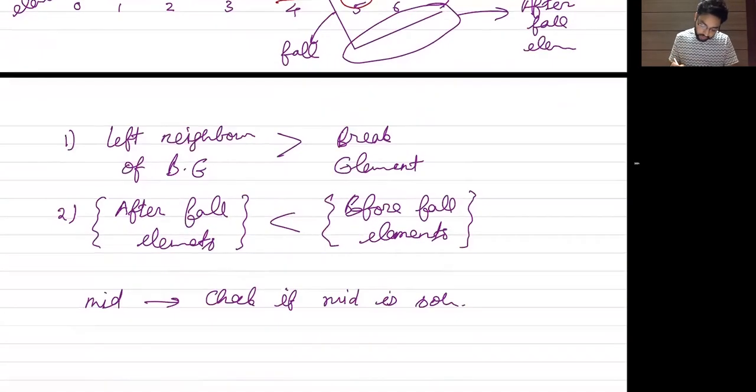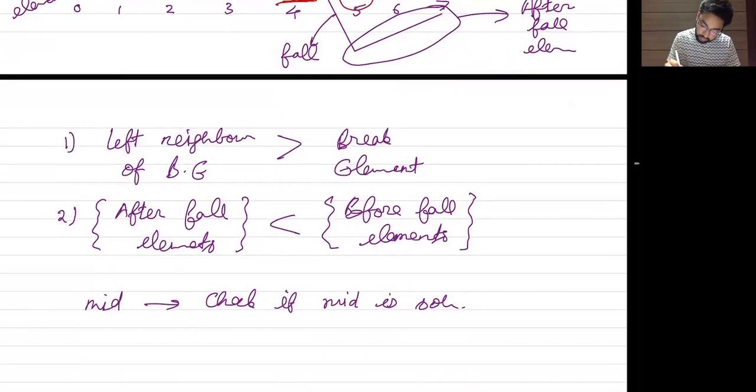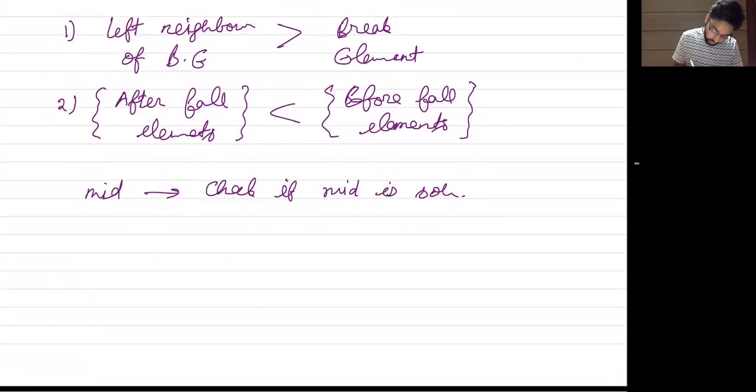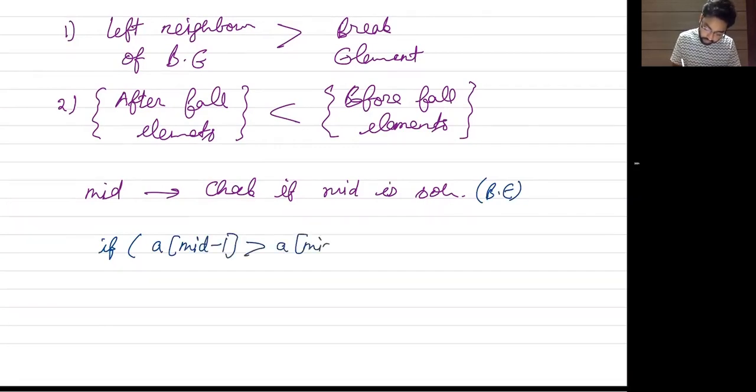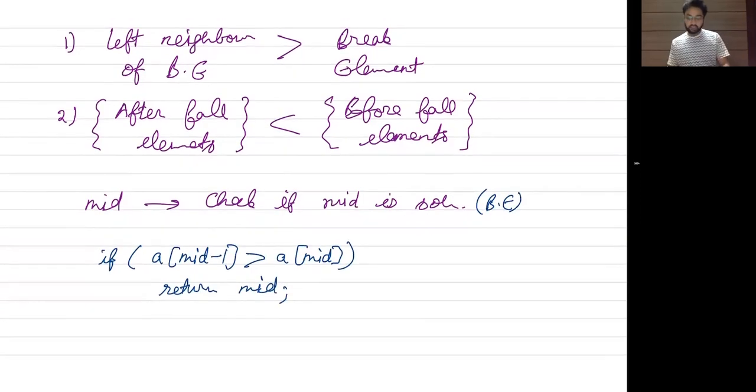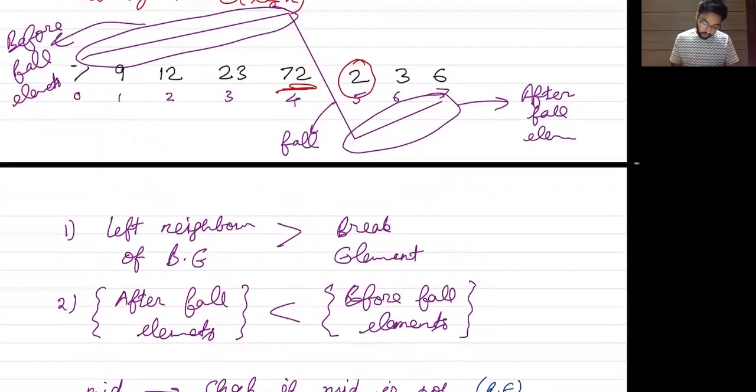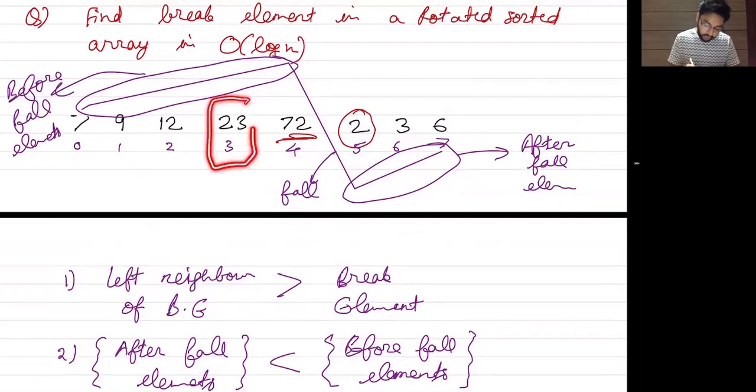So I can also write the condition to check if mid is the solution. If mid is the solution, or mid is the break element, then A of the left neighbor has to be greater. If this is the case, then we return mid as the answer. So one condition we know now, although in this case 23 is not the solution because the left neighbor is smaller.